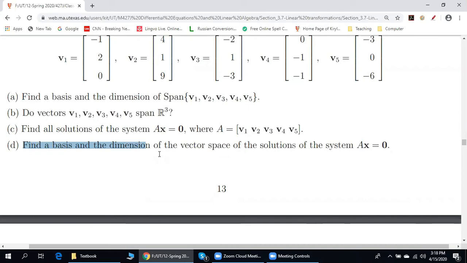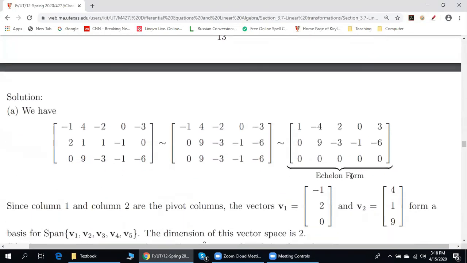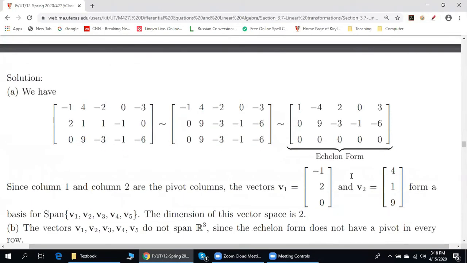Now questions. Can you explain what you mean by non-pivot columns, please? A non-pivot column is a column where we do not have a pivot. Please take a look at this. Here's pivot number 1, here's pivot number 2. Therefore, column number 1 is a pivot column, column number 2 is a pivot column.